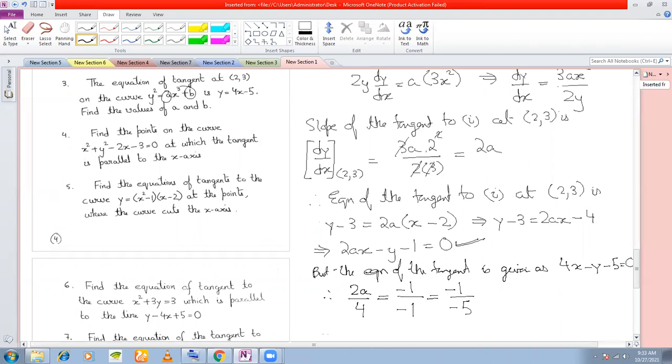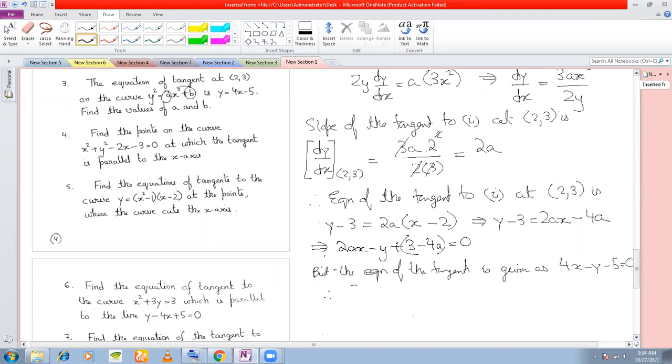I think there's a small mistake that I've made here. When I was writing this equation, this should be 2ax minus 4a. So that means you are getting here 2ax minus y plus 3 minus 4a is equal to 0.